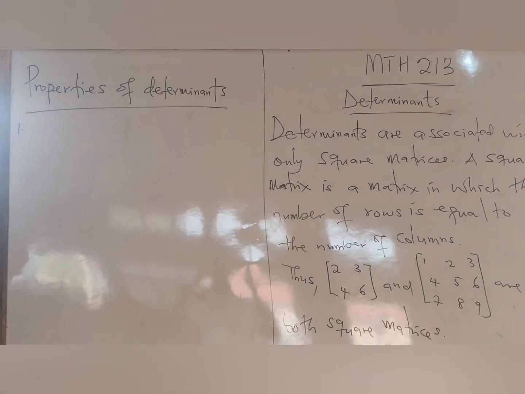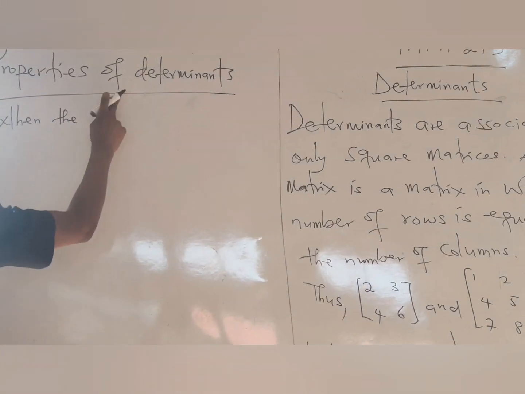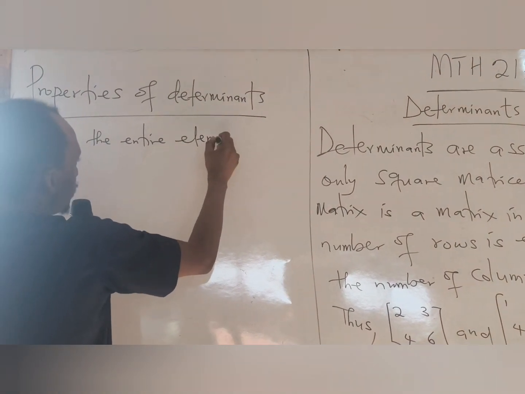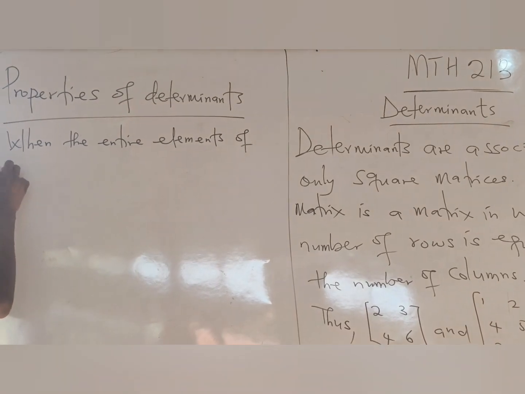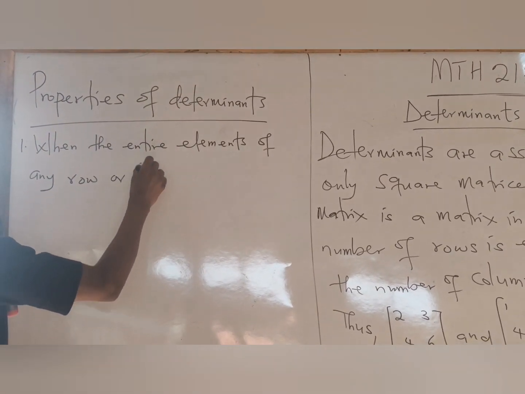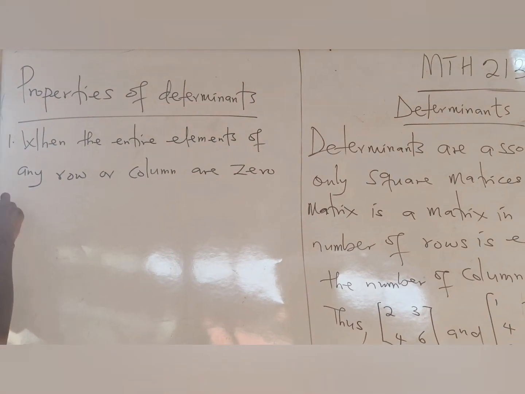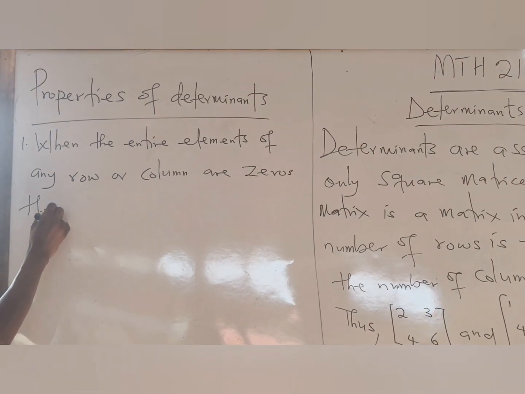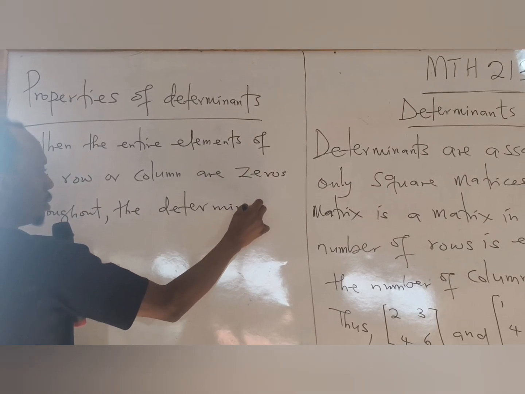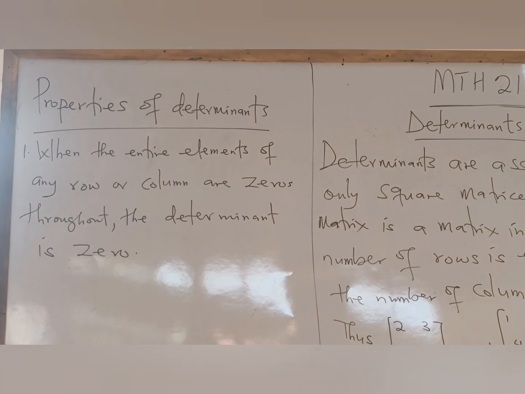Then, when the entire elements of any row or column are 0 throughout, the determinant is 0.